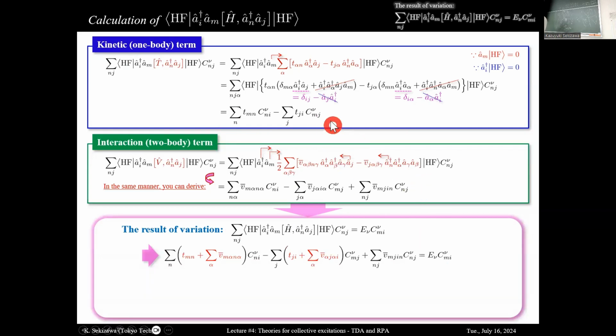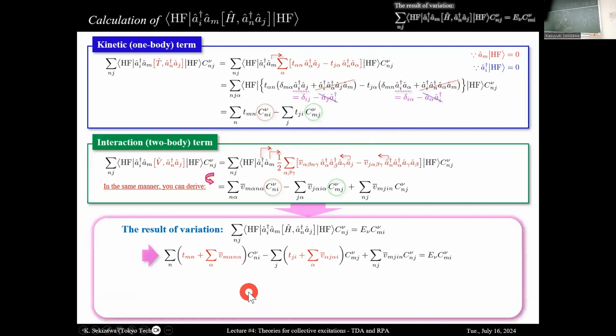Here we have derived what this left-hand side term will be, and now we put those results into this left-hand side. By looking carefully at those coefficients, you can summarize them and put those terms into the parentheses here.